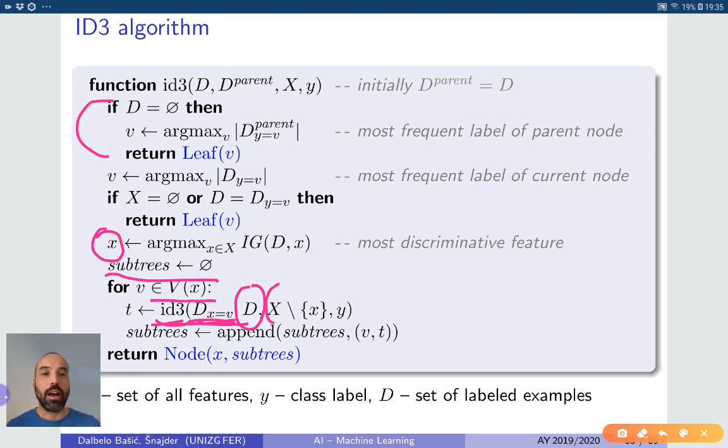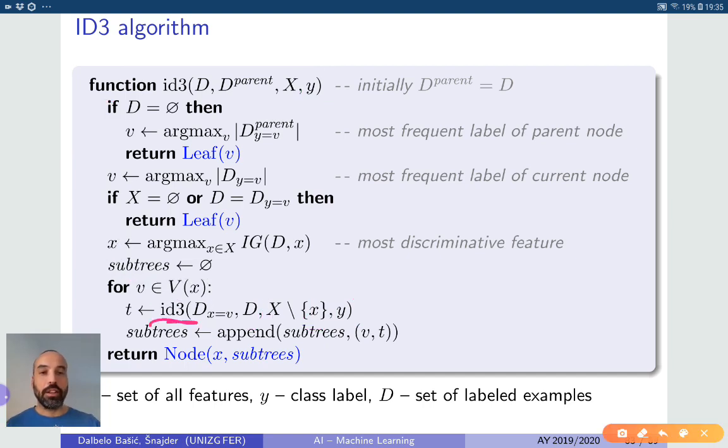And then in the recursive call, I am handing over to the children nodes to consider all the attributes in the set X except for X. So I'm removing that feature attribute, since this is the one that I'm actually now using to do the split, so that the subsequent recursive calls to ID3 will actually look only at the remaining attributes, the remaining features by which to do the split. The Y is just the same, it's just a contextual variable, and it's not changed during the recursive calls.